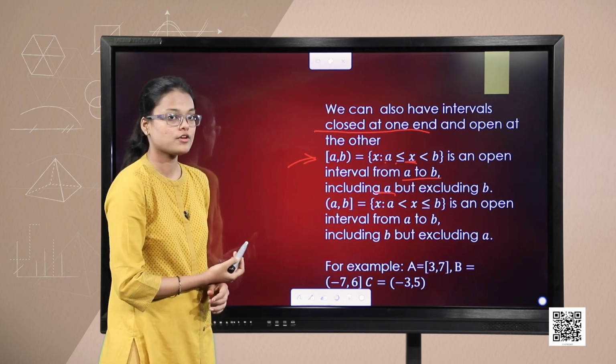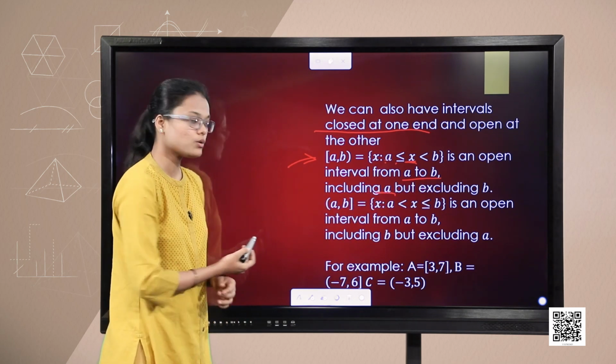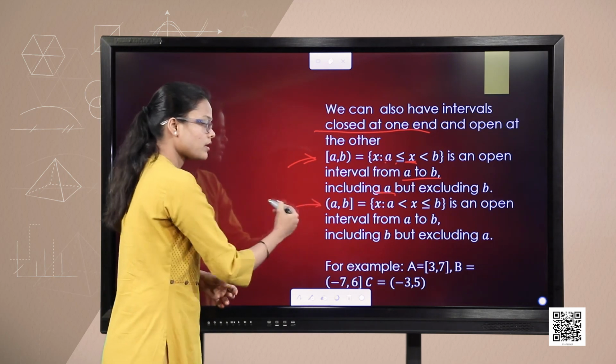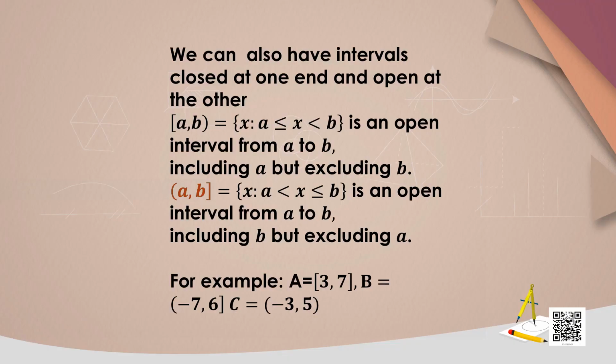Similarly, we can have a semi-open and semi-closed interval where it is open from the left but closed from the right. It is the collection of all those real numbers which are greater than a but less than or equal to b.